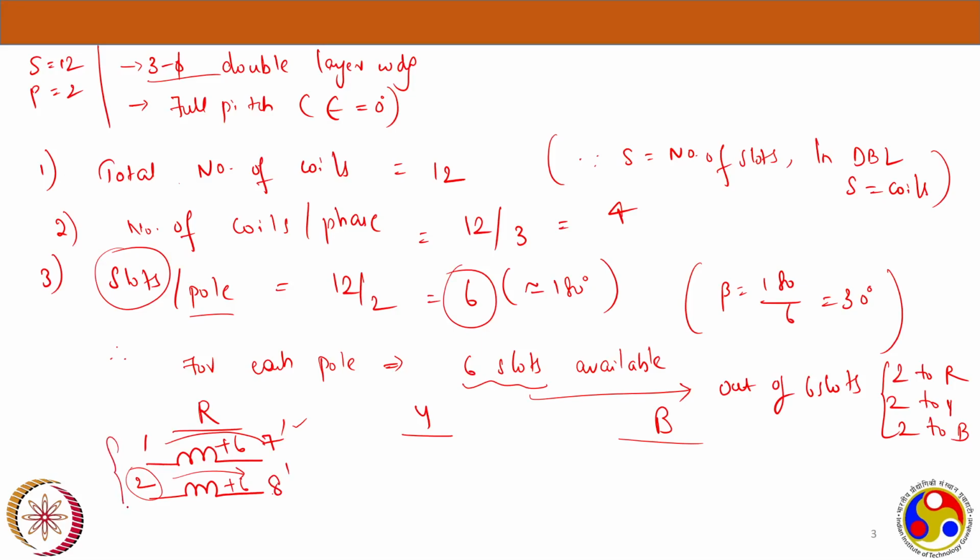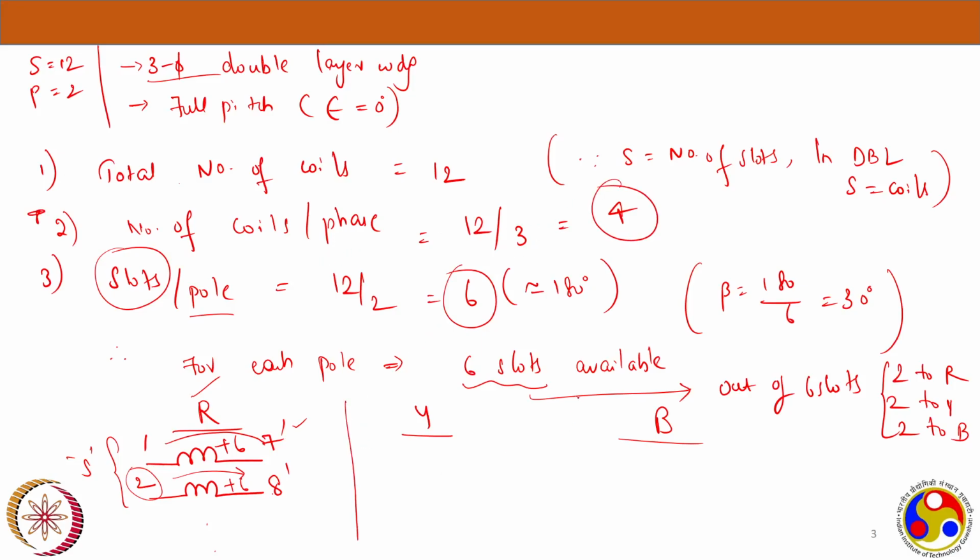So these two slots I will take under North Pole or South Pole, it could be either. If I am placing two coils in South Pole, the rest two coils will go into the North Pole. Because I know under each phase I need to have four coils, that's what the second point says: there should be four coils per phase.